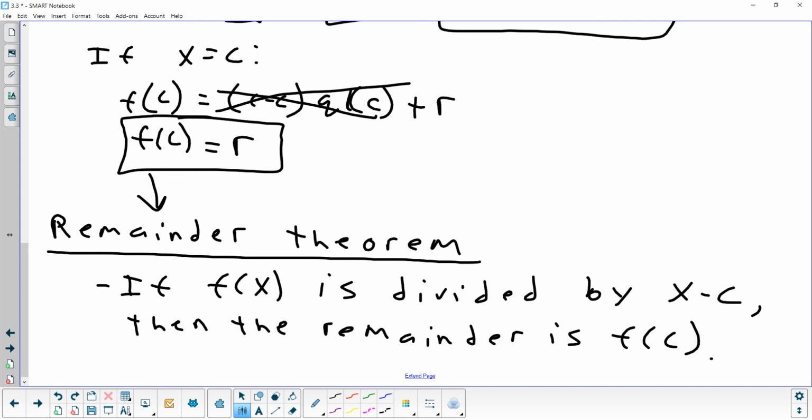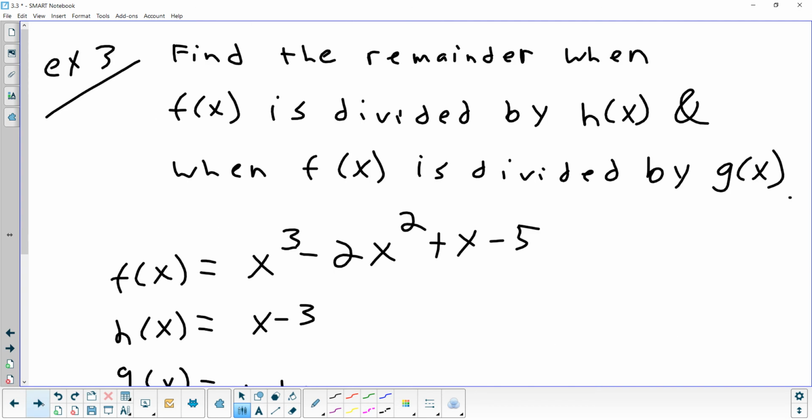Anyone have a thought? Yeah? If it's 0, then it's a factor. Exactly. If we want to know if this is a factor of that, all you have to do is check the remainder. And now we have a quick way to do that without doing out all the long division, as long as our problem fits this pattern, which the next two problems do.